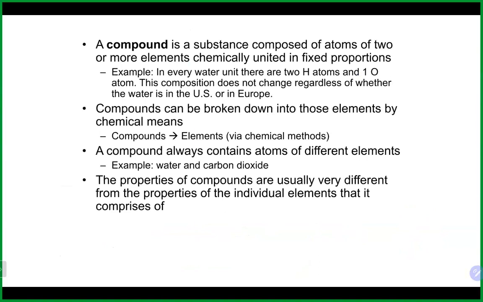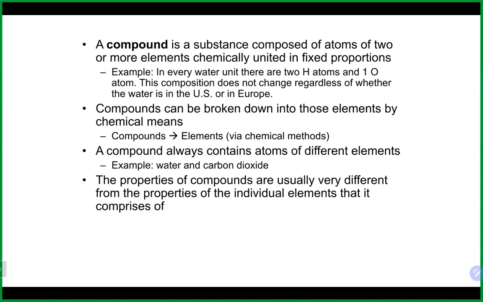Now, a compound, we might have touched upon as well, but a compound is a combination of two or more atoms of different elements. So that's the important part there. In order for it to be a compound, you have to have two or more different elements involved.